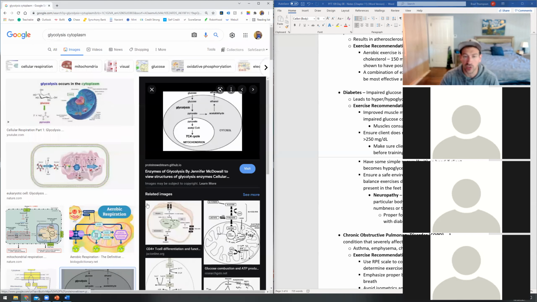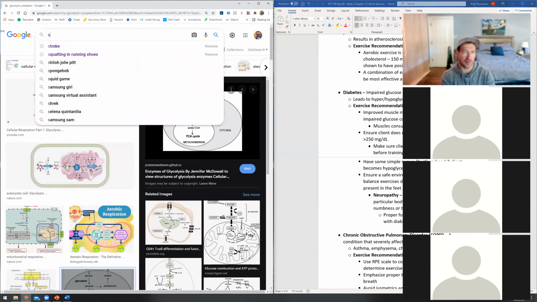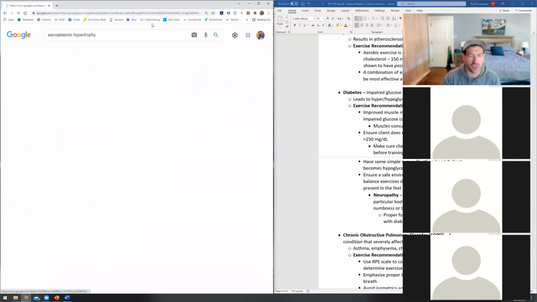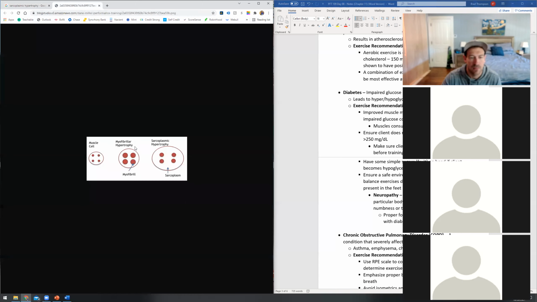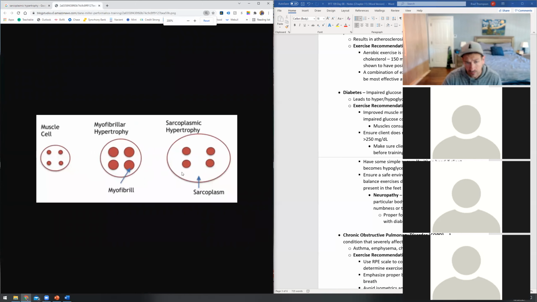So the more you have, if we look at a muscle cell that's really big, right? Here's a muscle cell, and you can see here are the little myofibrils, the little proteins that live inside that cell. Look at how much fluid there is. That's a big muscle cell.